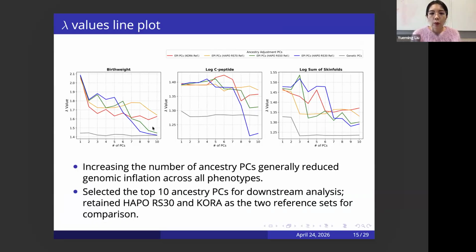Another point is that sometimes, especially for cord blood C-peptide, HAPO-30 even achieves a lower lambda than the genetic PCs, which indicates that the methylation-based PCs generated from the HAPO reference set may capture some ancestry information at the methylation level that genetic PCs are not able to.